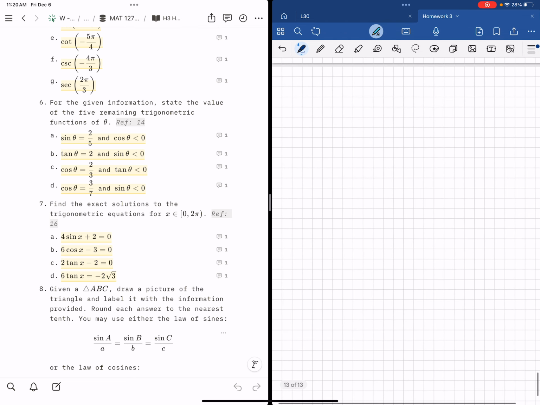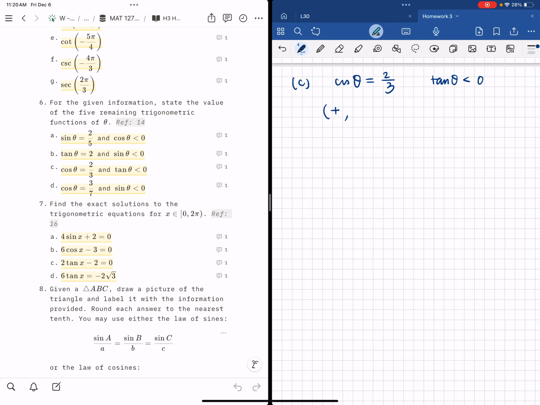Part C. We have cosine is 2 over 3, and then tangent is less than 0. Okay, so cosine is 2 over 3, which means the x-coordinate is positive. It should be in the first or the fourth quadrant.